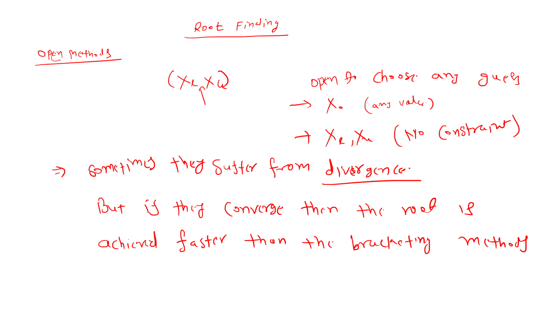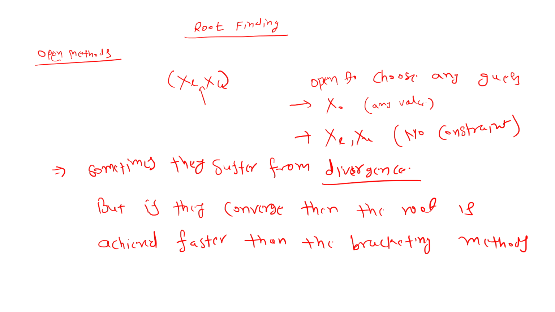So this is about the open method: there is no constraint on the initial value of x. We can take any value of x if it is only one initial guess, and if two initial guesses are required, then there is no constraint on these initial guesses. While in bracketing methods, we must choose a bracket in such a way that the root must lie within x lower and x upper.